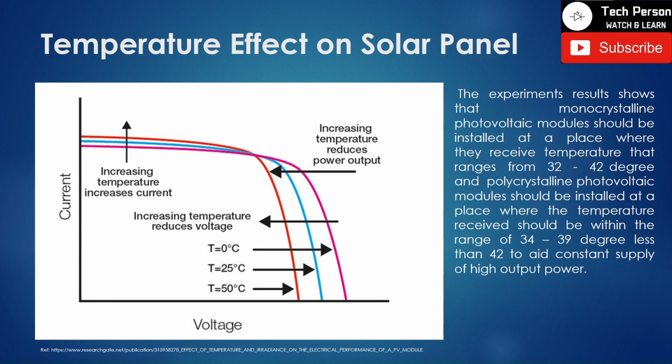There are many experiments going around the world to study the temperature effect on the solar panel. In one of the experiments done in Turkey, it was observed that to achieve maximum efficiency from the solar panel, the monocrystalline solar panel should receive the temperature from range 32 degree to 42 degree, and polycrystalline solar panel should receive the temperature range from 34 to 39 degree.